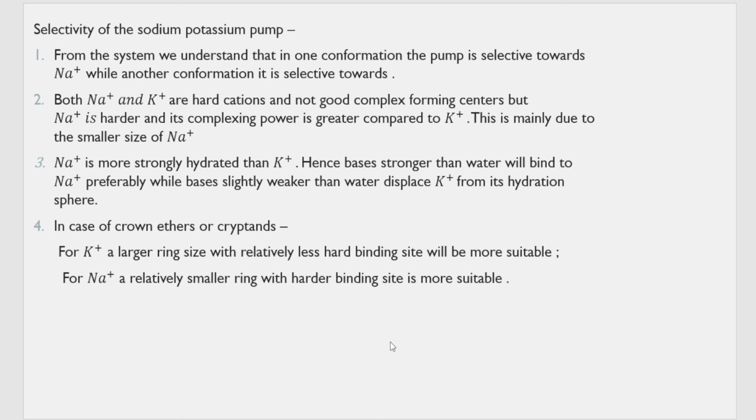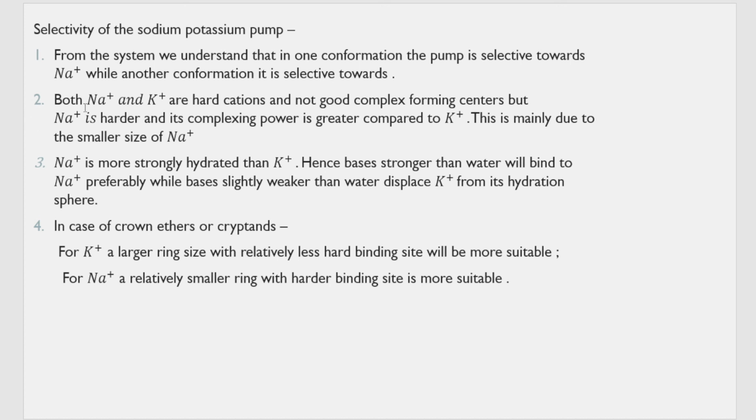Now you already understood that the pump, in a certain conformation, is selective to a certain ion. Like in one conformation it preferred sodium ions, and in another conformation it preferred K plus ion over the other ion. Next, both Na plus and K plus are hard cations and good complex forming centers.